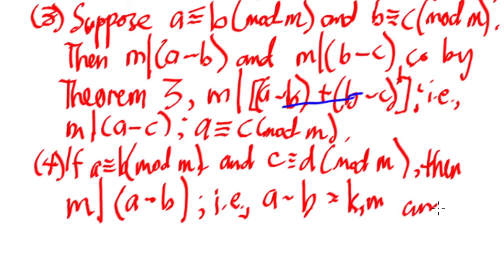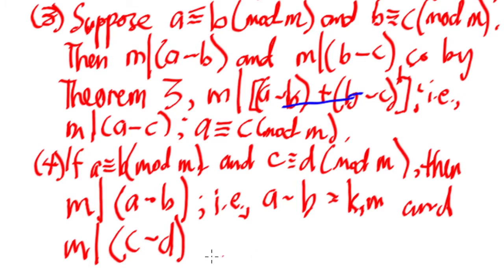And similarly with C and D, M is a factor of the difference of C minus D. That is to say, C minus D is equal to M times a certain k. This is a different k. Let's call this k sub 2.